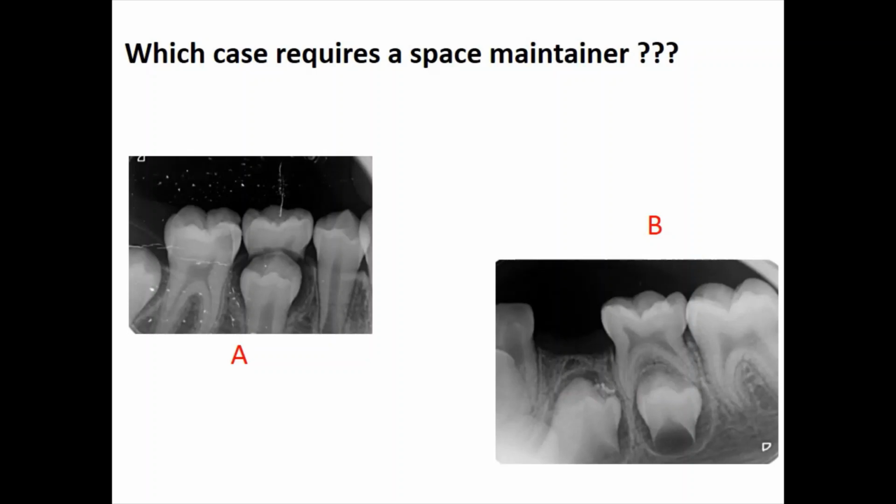So as we can see here, this is a case scenario which we will be discussing in our Google Classroom. Among both the cases, A and B, which case requires a space maintainer, A or B?